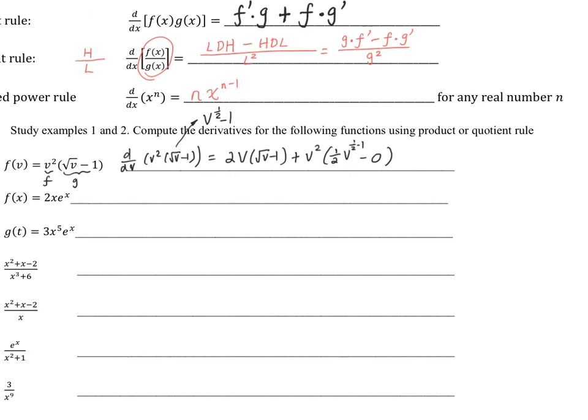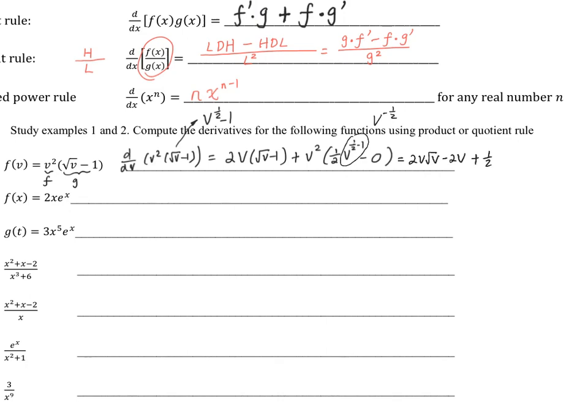Let's simplify. So therefore we have 2v times square root of v minus 2v plus, and here this is your 1/2 v raised to negative 1/2, times v squared.